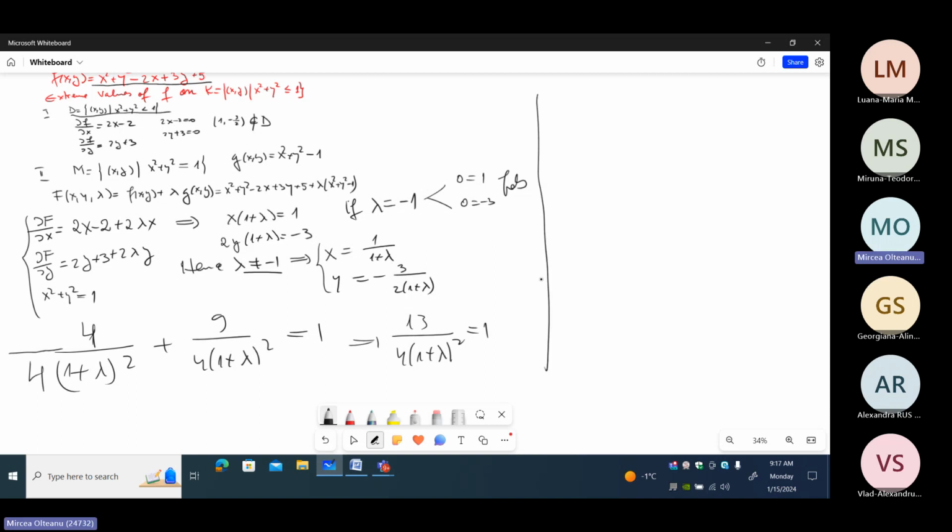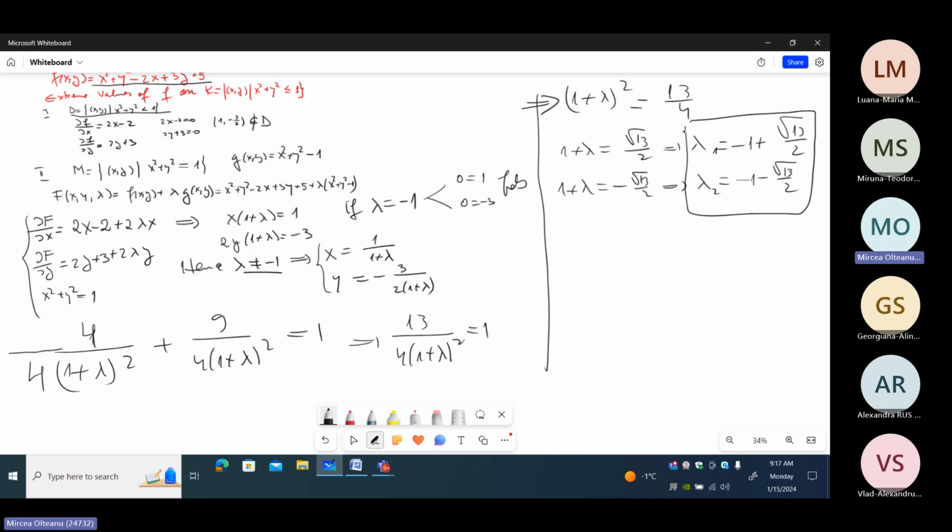So (1 plus lambda) squared is 4 over 13. Wait, as I wrote here, (1 plus lambda) squared is 13 over 4. So 1 plus lambda is root of 13 over 2. So lambda 1 will be minus 1 plus root of 13 over 2. And similarly, 1 plus lambda equals minus this one gives us lambda 2 equals minus 1 minus root of 13 over 2. So we have two values for lambda.